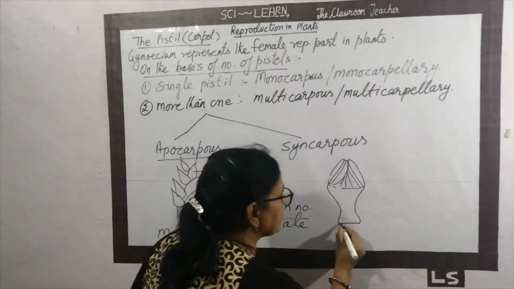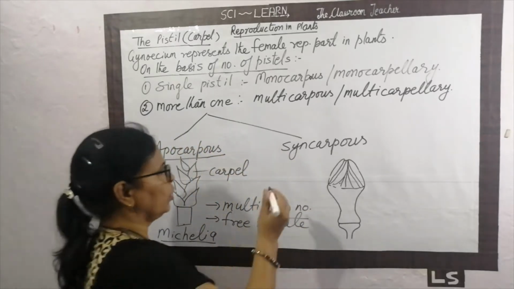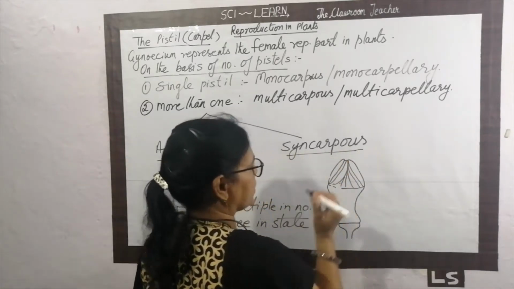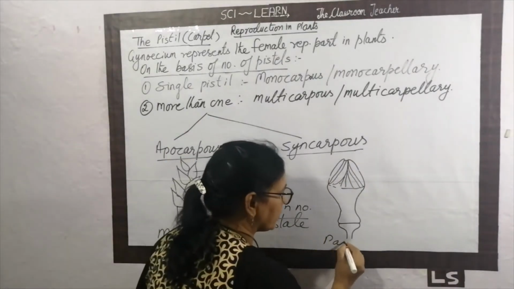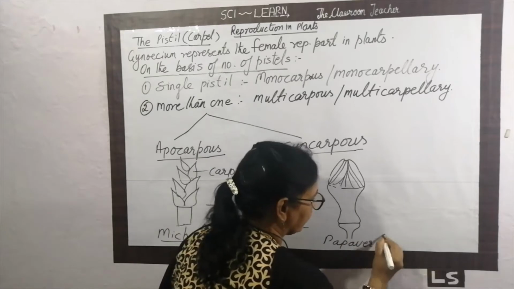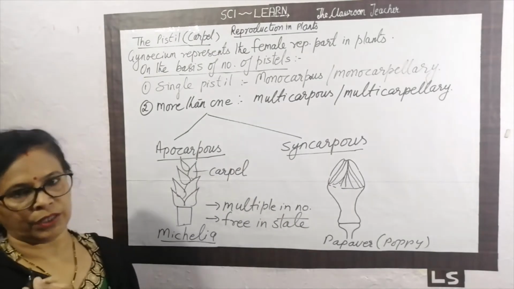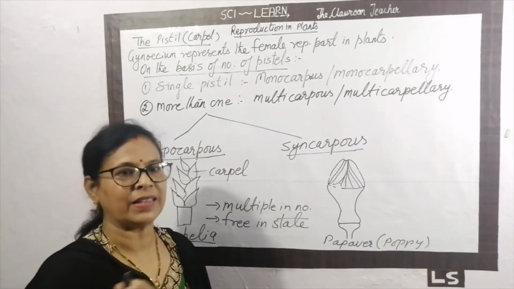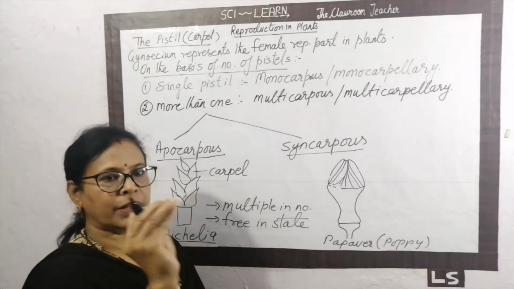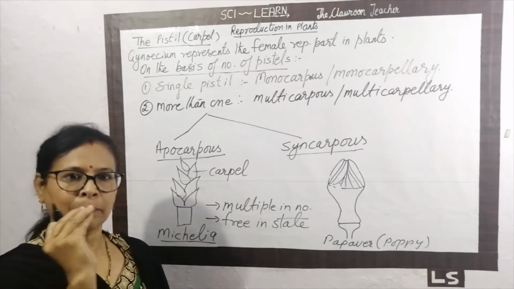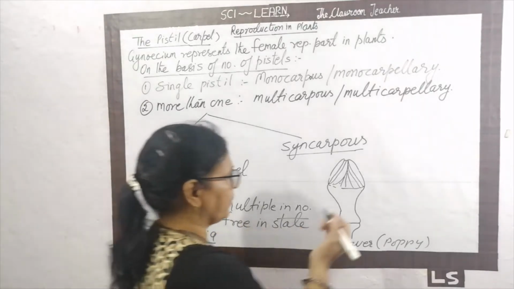So these are the fused carpels. An example is the Papaveraceae, the poppy, a very common species of this family. We use poppy seed as a spice, called khaskhas. So all the carpels are combined together. It means multiple carpels are there, but they are combined together to form a single structure.